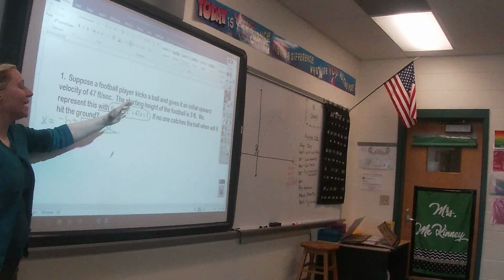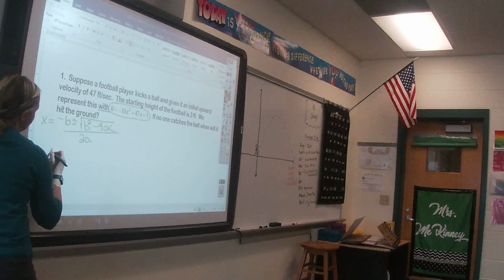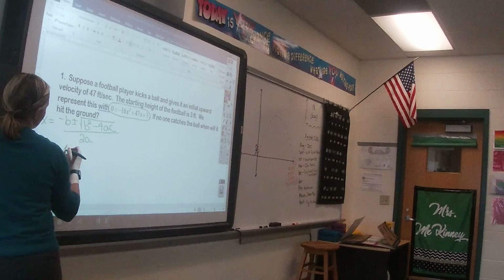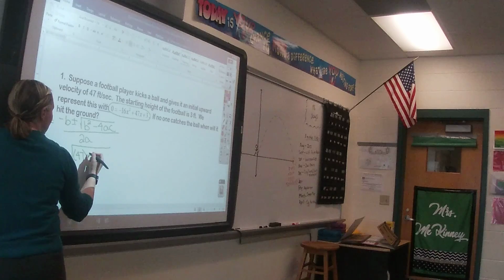So what does a equal in this quadratic? Negative 16. What does b equal? 47. What does c equal? 3. So we start plugging in. Right? Plug and chug. So negative 47 plus or minus the square root of 47 squared.